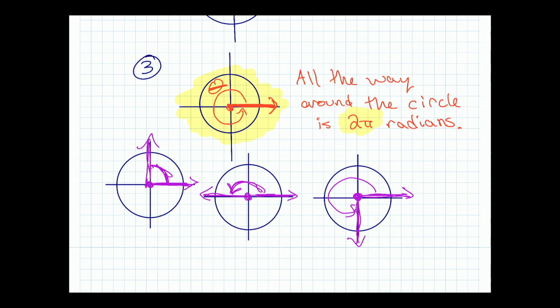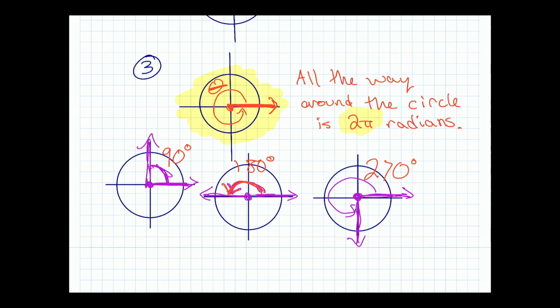Specifically, what's this first one here? I think you would believe that that's 90 degrees, right? And what would the second one be? From here all the way to here. I think you would believe that that's 180 degrees, right? And this last one is 270 degrees. But what are those in radians?